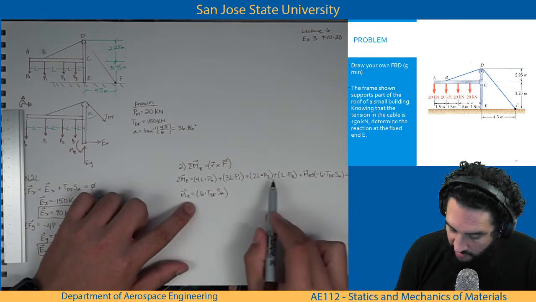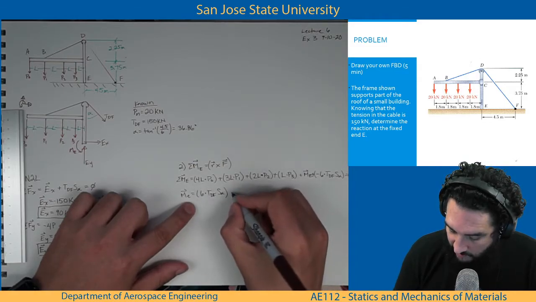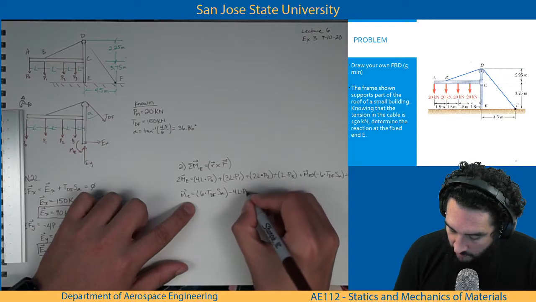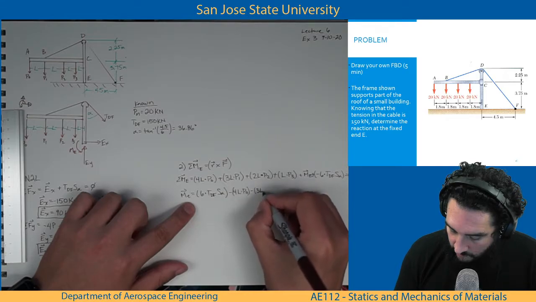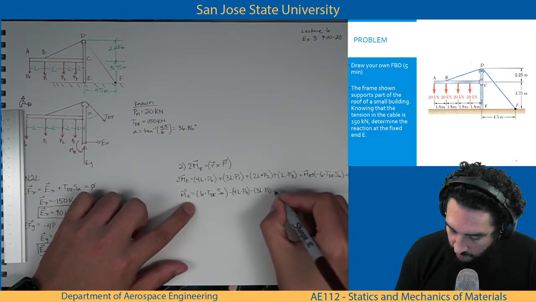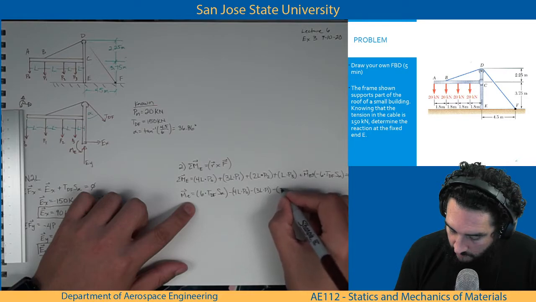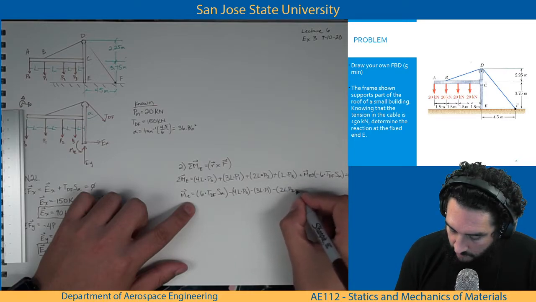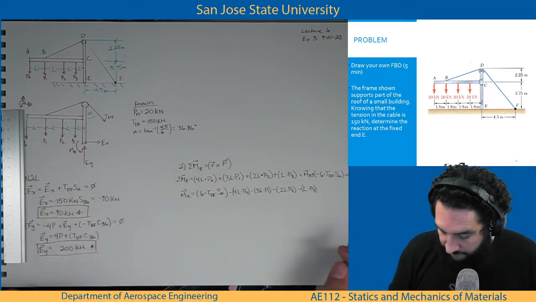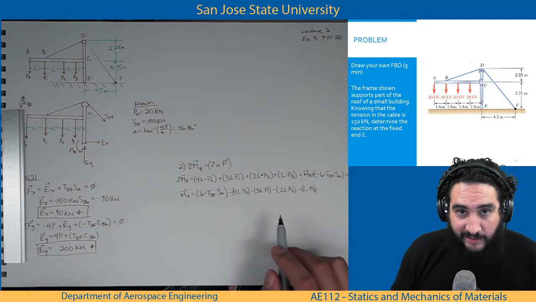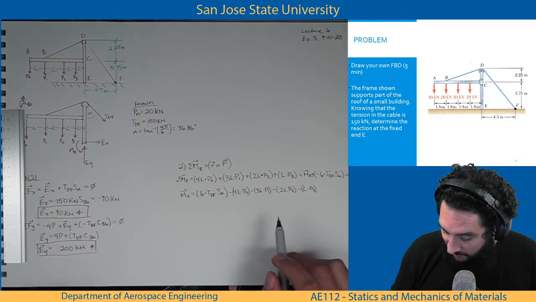Every other quantity is positive, which means it'll be negative on the other side. Algebra. When I'm copying things down like that, the brain and the mind can't talk and think at the same time. Okay.